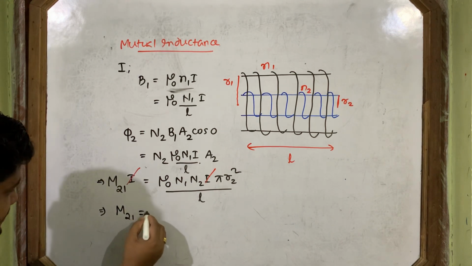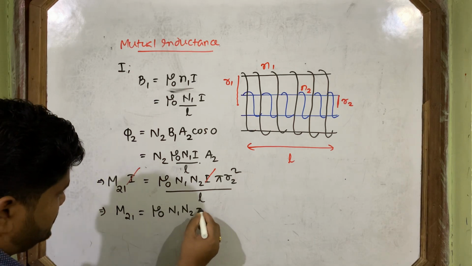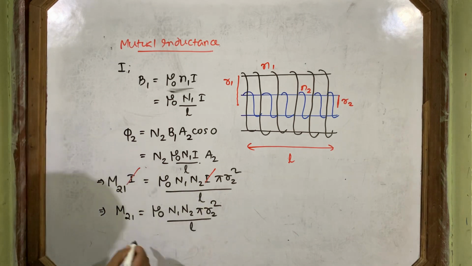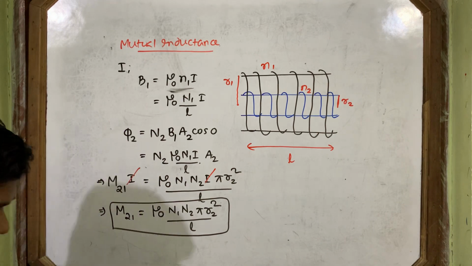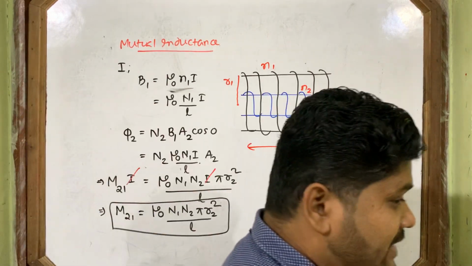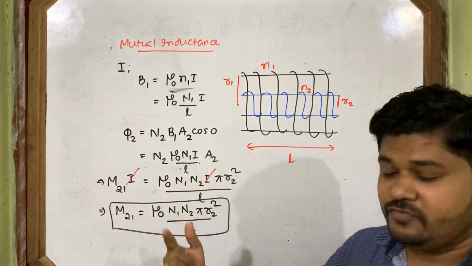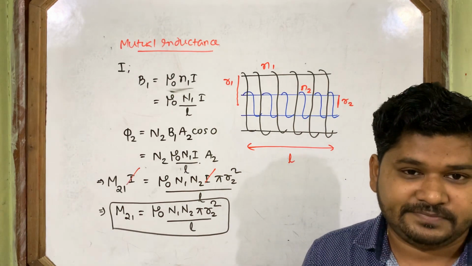M21 we got is mu naught N1 N2 pi R2 square divided by L. So this is the mutual inductance expression when EMF is induced in the second coil due to the first coil.